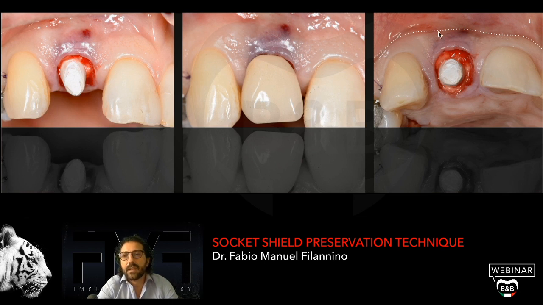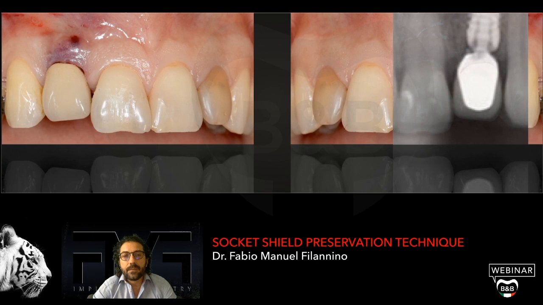We can see that already we did an enhancement of the convexity of the labial aspect of the lateral incisor, and this is just right after the surgery, and the X-rays just after the surgery.